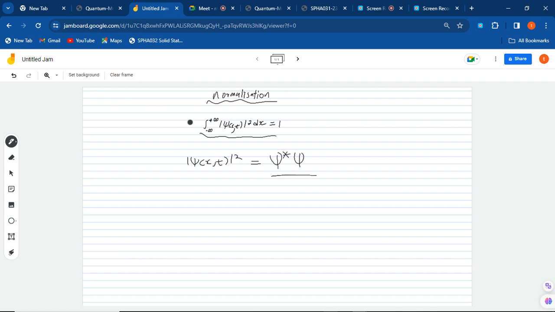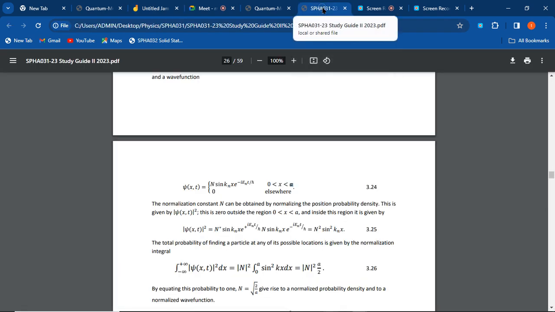So how do you get a complex conjugate of a wave function? It will depend on the wave function that you are given. Let's do this example.